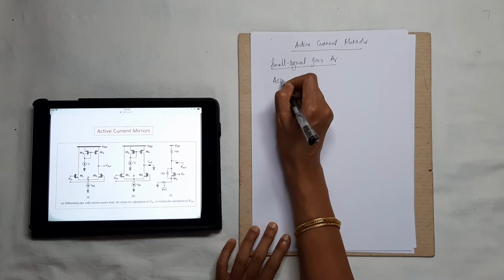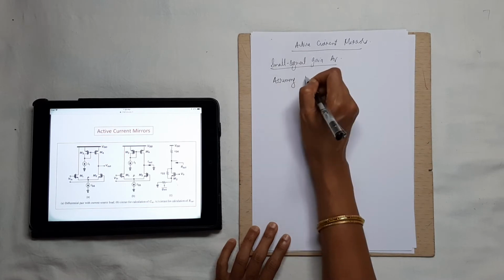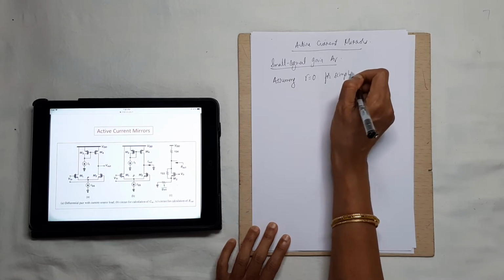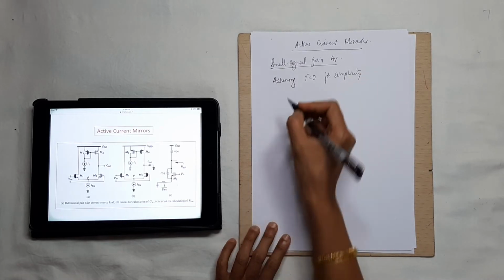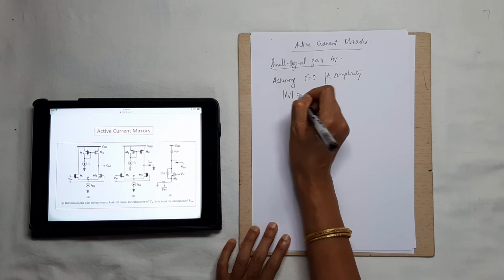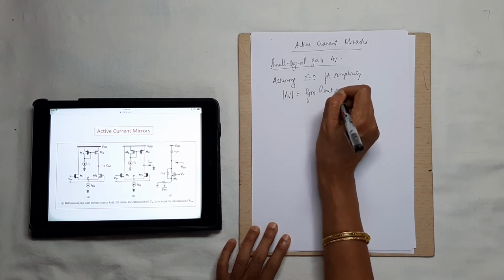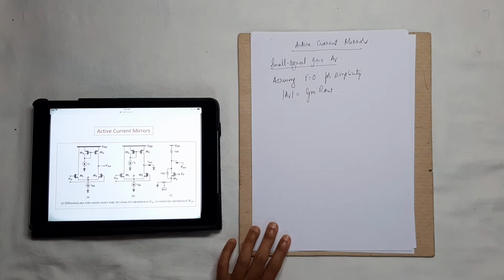Assuming gamma equal to 0 for simplicity, we have gain is given as Gm into R out. The transconductance multiplied by R out.